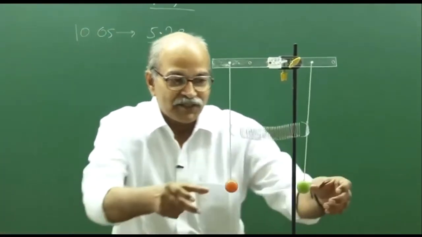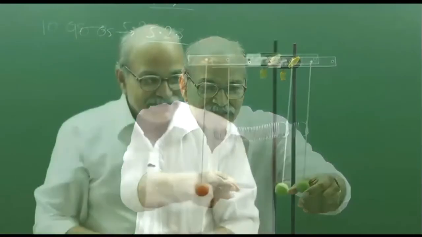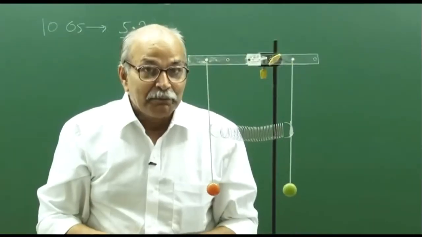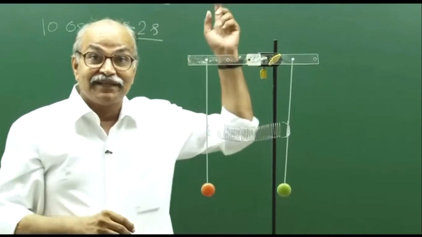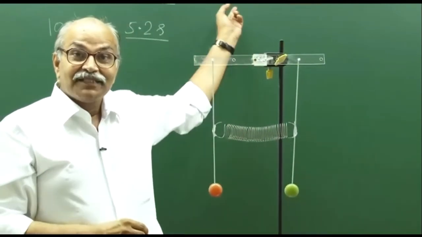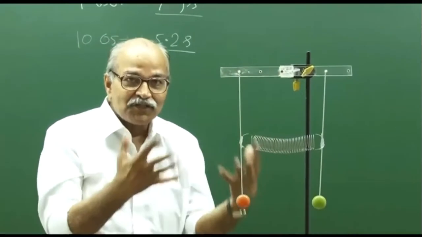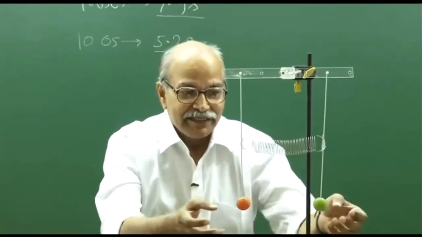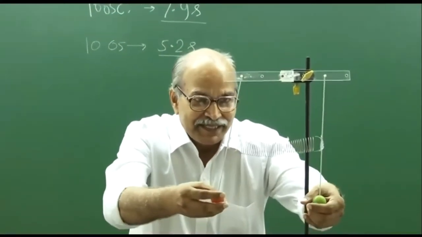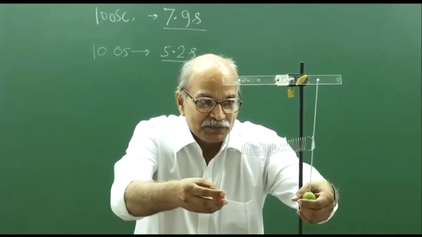Alternately, one is stopping and one is oscillating. This is a mixed mode of what we did earlier. These two are the normal frequencies or natural frequencies, the two kinds of vibrations, and this is a linear superposition. It is a mixture of the two.